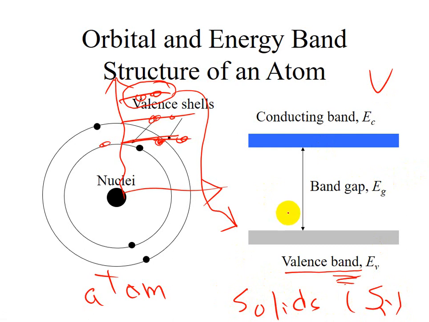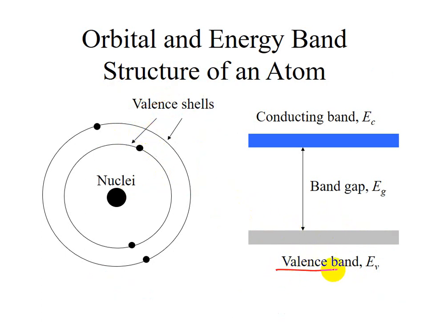Those numerous atoms, based upon the Pauli exclusion principle, form a band of energy levels instead of a single level of energy. So the outermost electrons occupy a certain energy band we call the valence band, EV.